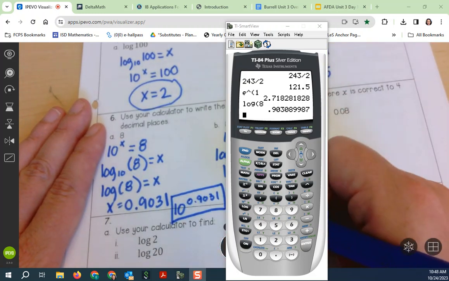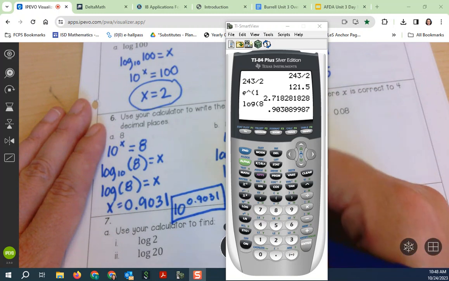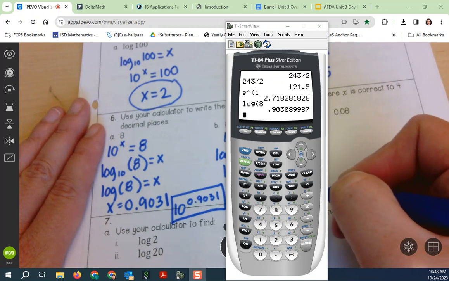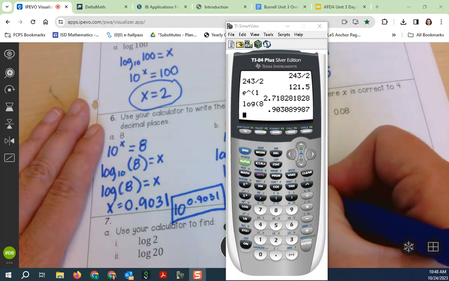Yeah, I have to pay attention and make sure I'm answering the question that's being asked. And then this one would be 10 to the 2.903. Oh, I'm missing one, aren't I? What comes after the 3? Is it 1? Thanks.